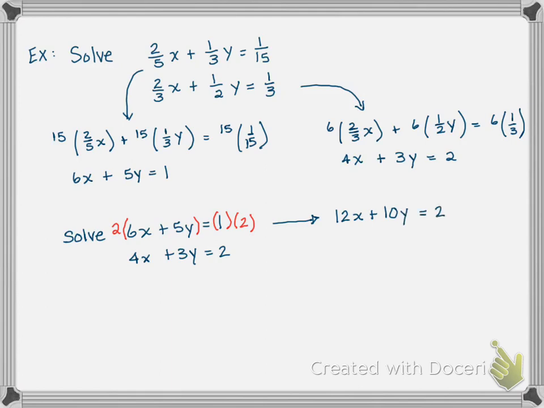And then the second equation, I want my x to have a coefficient of negative 12. So I'm going to multiply both sides by negative 3. Which gives me negative 12x minus 9y equals negative 6.